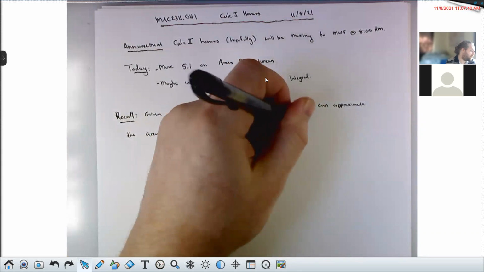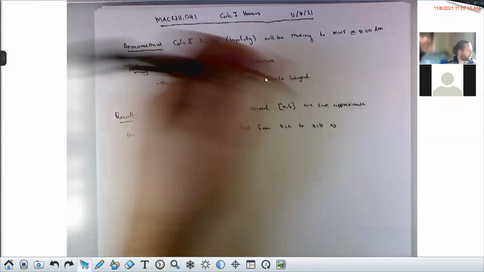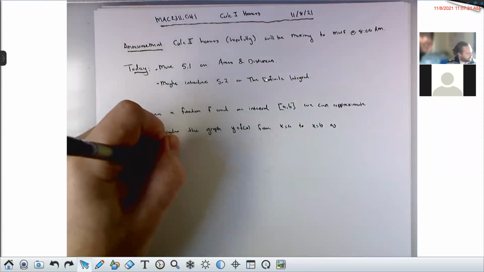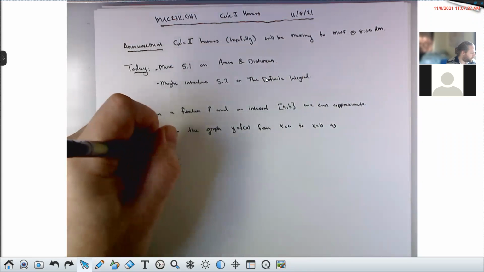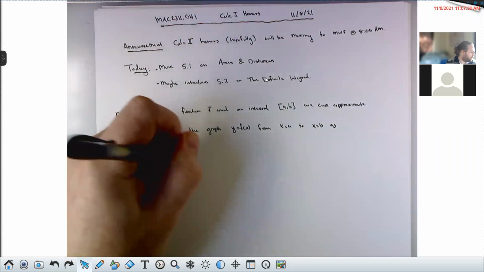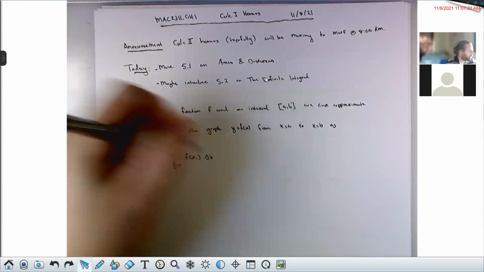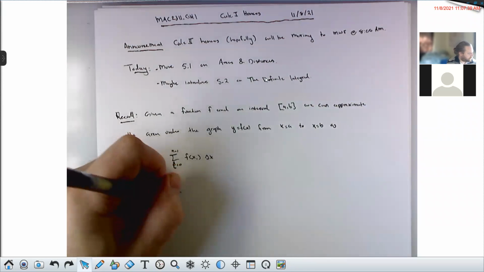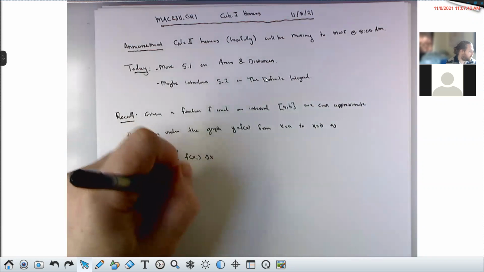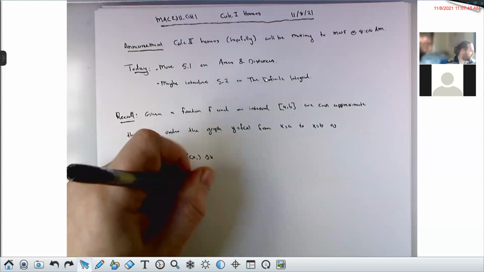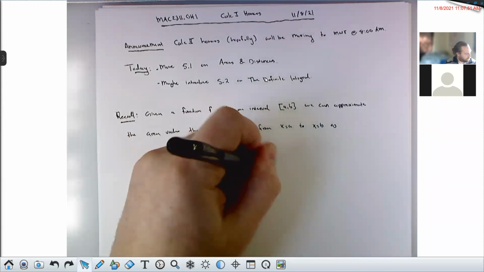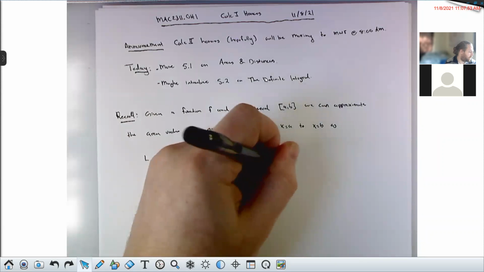as either the left endpoint Riemann sum, L_n, which is the sum from i equals 0 to n minus 1 of f of x_i times delta x, or R_n, which is the sum from i equals 1 to n of f of x_i times delta x, where in either case, delta x is (b minus a) over n.